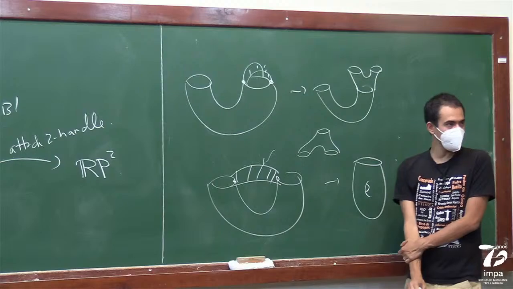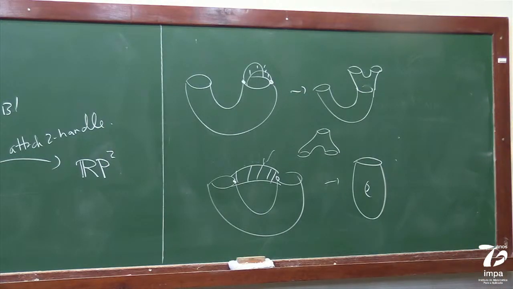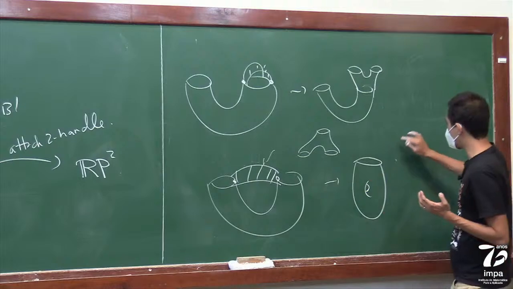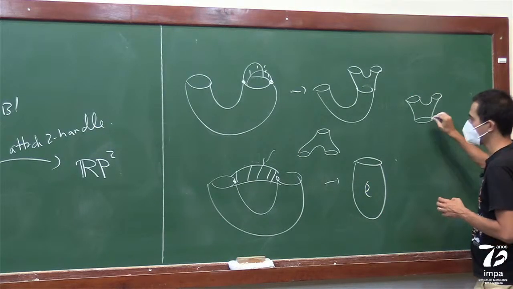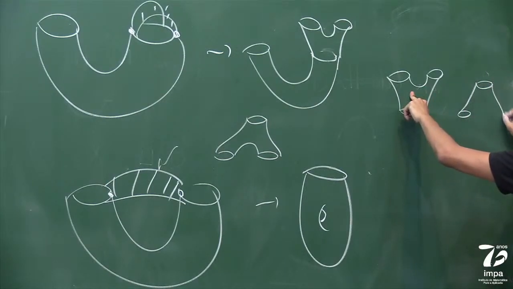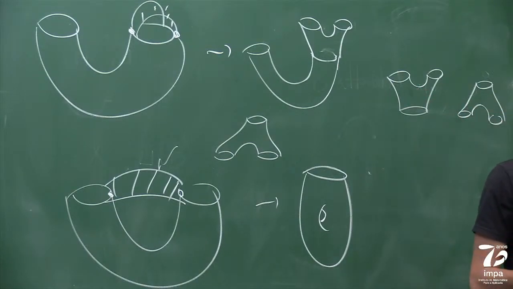So if you're gluing orientable one handles to orientable surfaces, then what you're always doing is gluing a manifold like this, or gluing a manifold like this, either this or this, and so on and so forth.